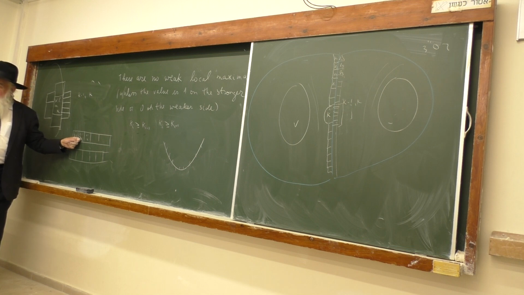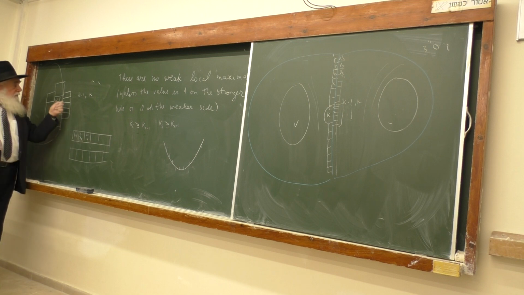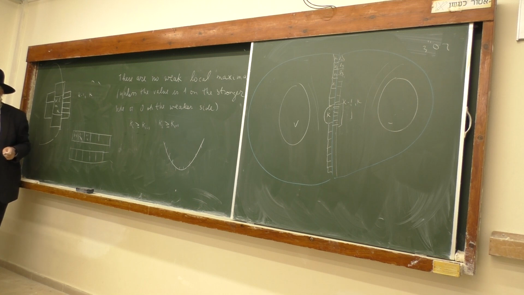But isn't this what you're trying to prove? I'm going to prove that one of them must be a weak local maximum. And then I will reach a contradiction. So assume there is none, I'm trying to find a configuration that has no weak local maximum.